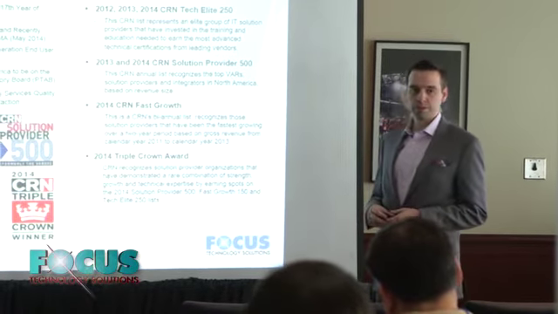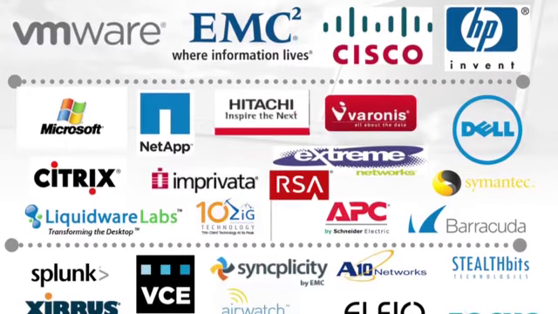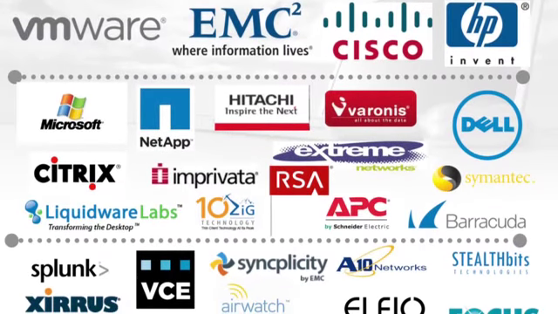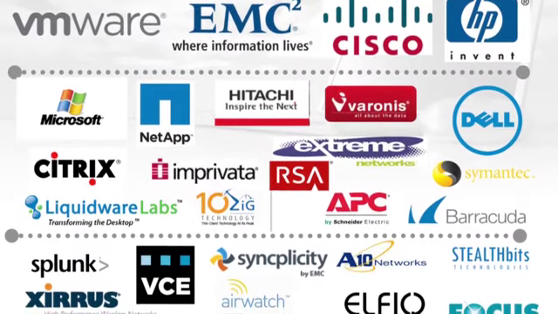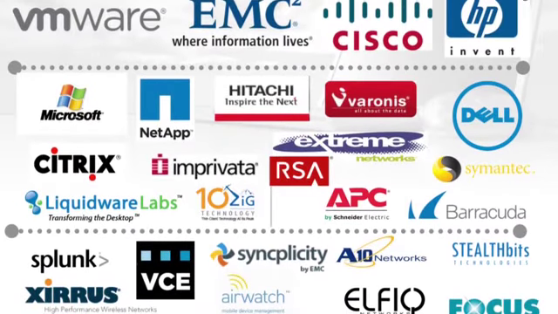Little list of our partner portfolio here. Just wanted to kind of splash this up here in case you guys are wondering, well, what vendors do you guys work with, and how can we work with you, and where can we partner with you? Just a quick logo shot. Everybody's pretty visual, so I'm sure you guys are using a lot of these people.